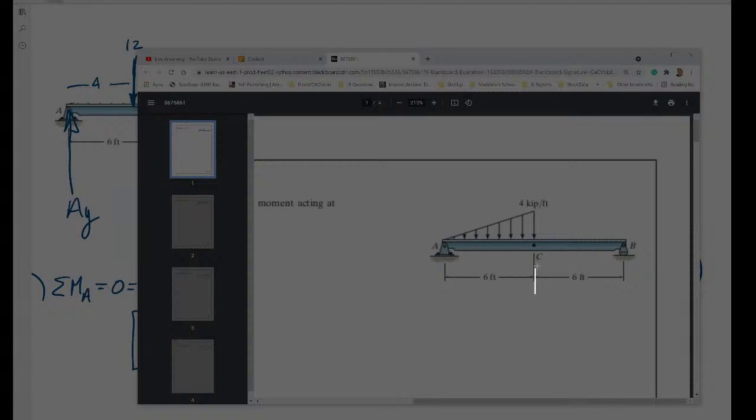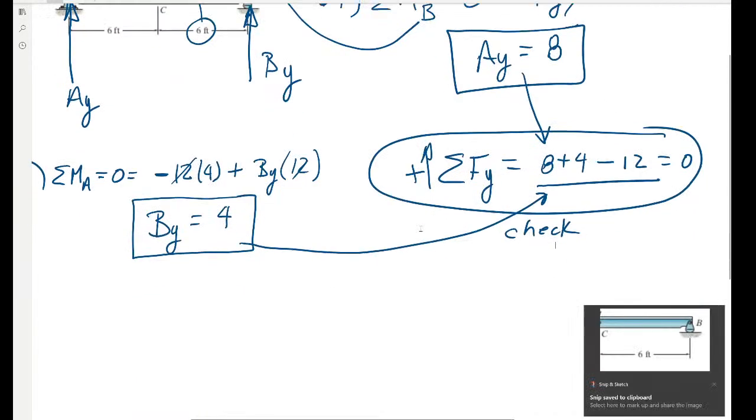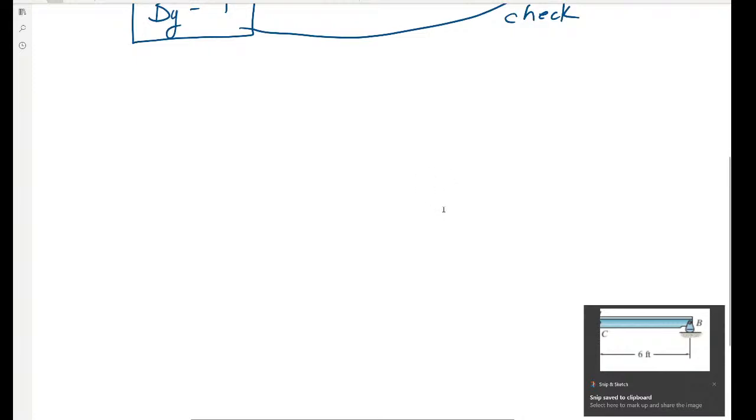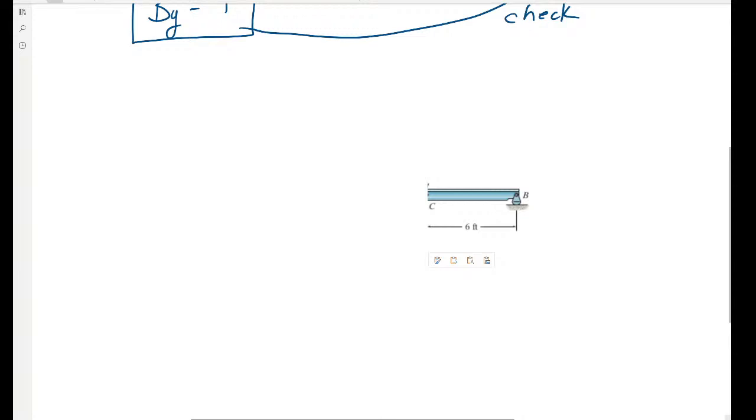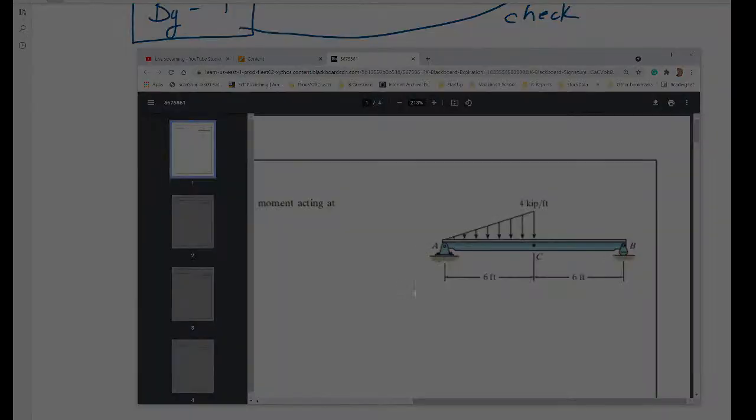I'm going to do it both ways. So I'm going to grab the right end, drop it right there. I'm going to go back. I'm going to get the left end.